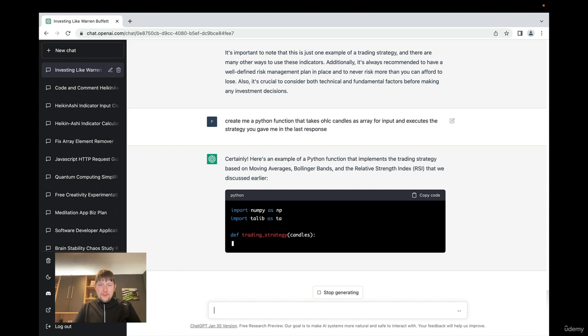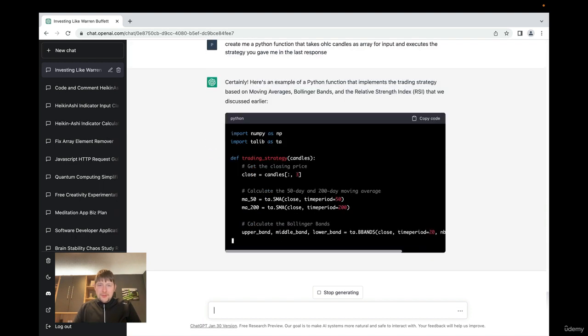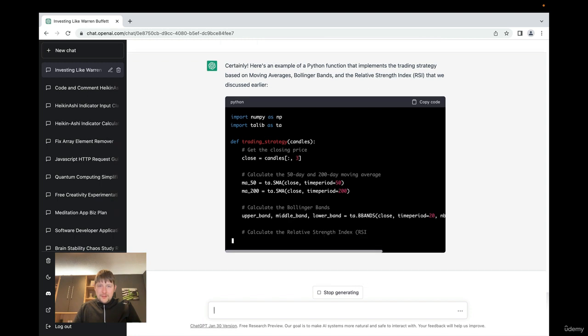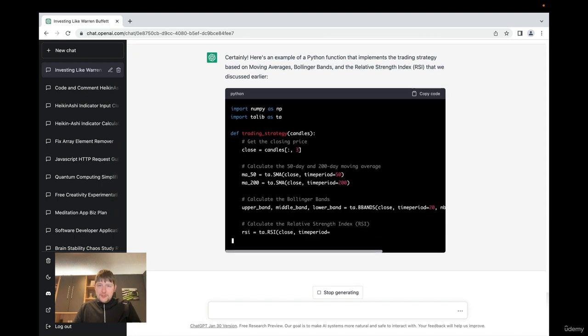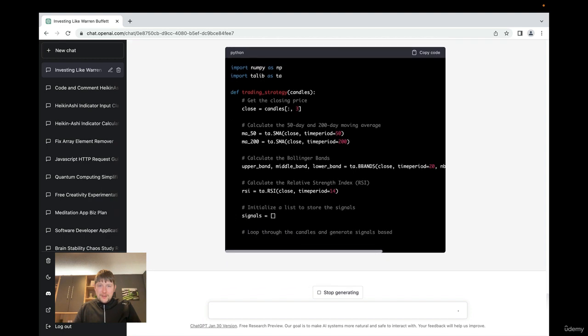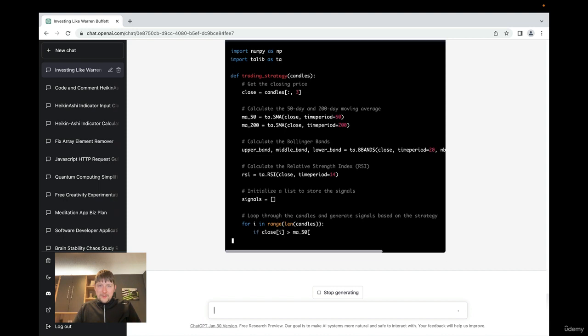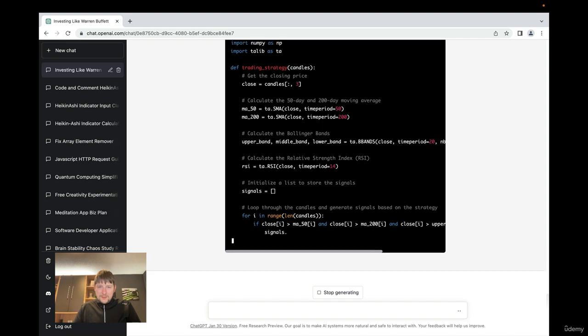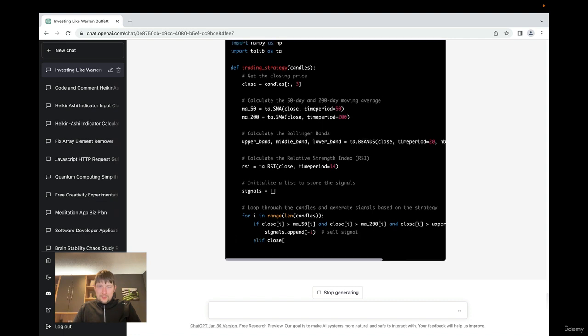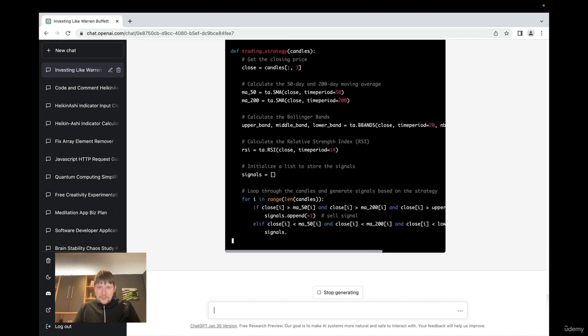It uses NumPy and a technical indicators library, calculating the moving averages, calculating the Bollinger Bands, calculating the RSI, combining the signals together, using the candles, looking if the close is above the 50 moving average and above the 200 moving average, close below the upper band.